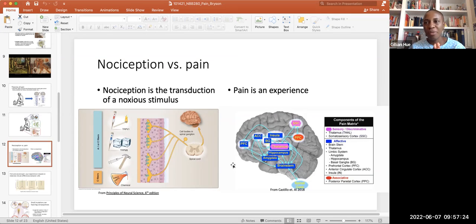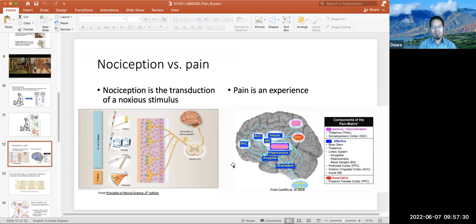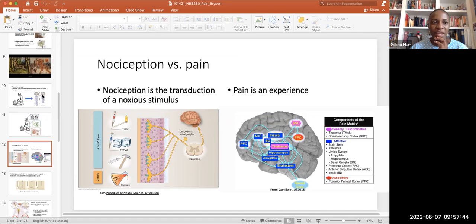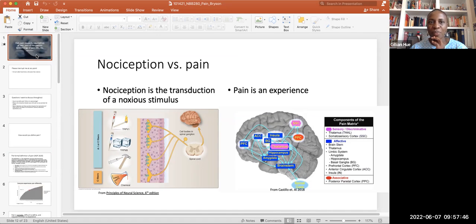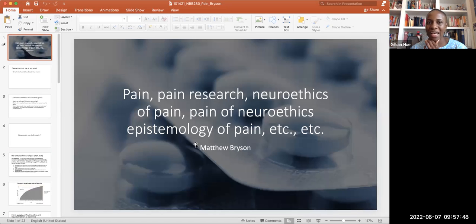So much of what we're limited by is our use of words. When my graduate student, Matthew, gave a guest lecture in my class and he wanted to talk about pain, these are some of the slides he used.